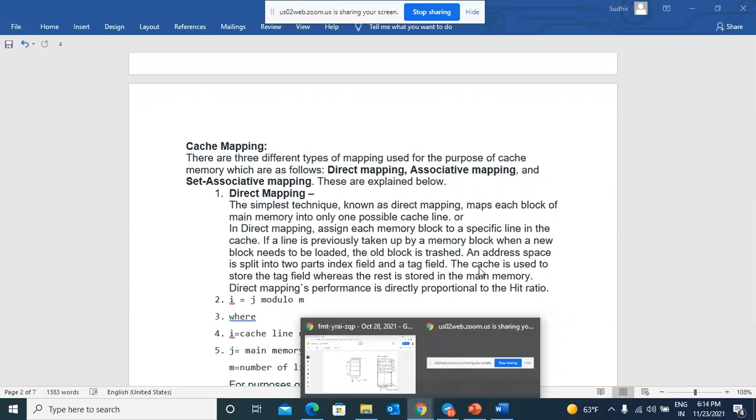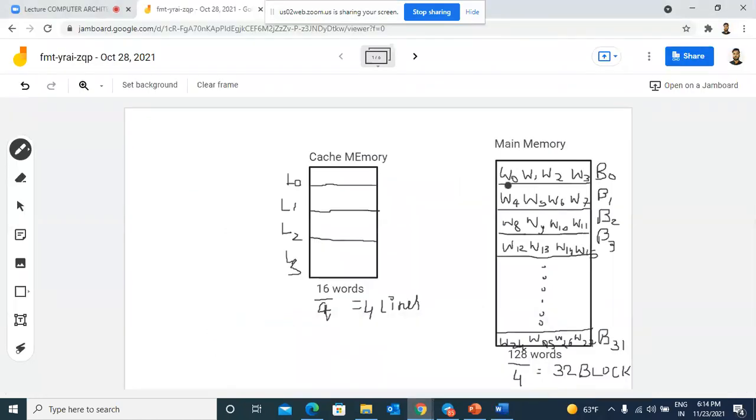So let's say a cache is there. The size you call L. Then here L3, those are lines.